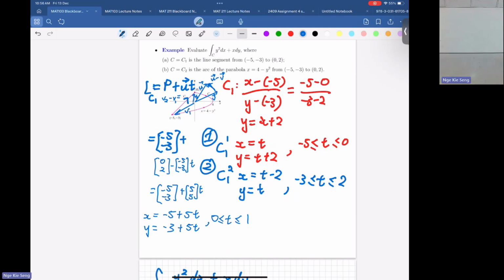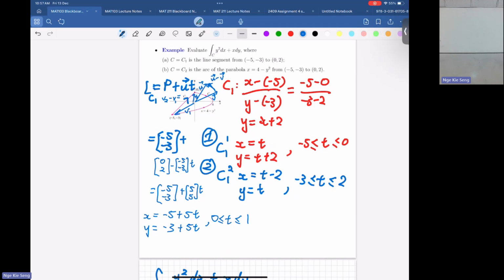How do you parameterize in the first way and the second way? Actually, in the first way, you parameterize those points using the x coordinate. Your x coordinate spans from -5 to 0, so your t also runs from -5 to 0. But in C2, you parameterize using the y coordinate, so that's why your t runs from -3 to 2.